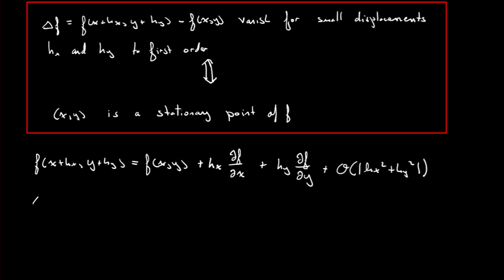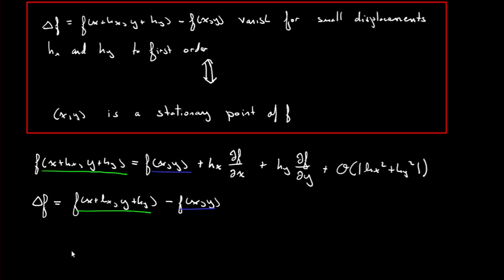And now we play the same game we played before, so we write delta f as f of x plus hx and y plus hy, minus f of x and y. To be clear, this came from here and this came from here. Well, all we have is what's left over on the right hand side.